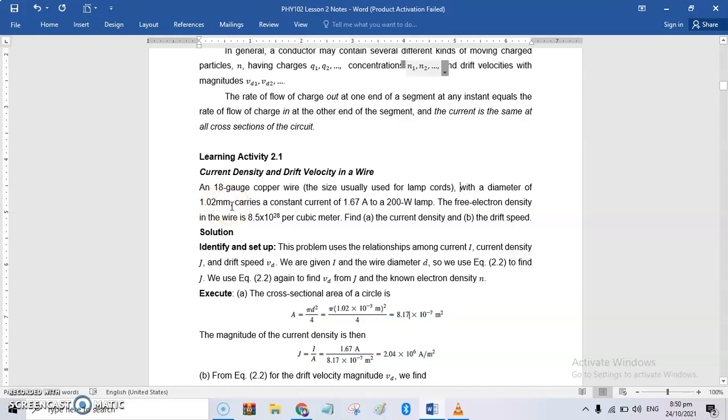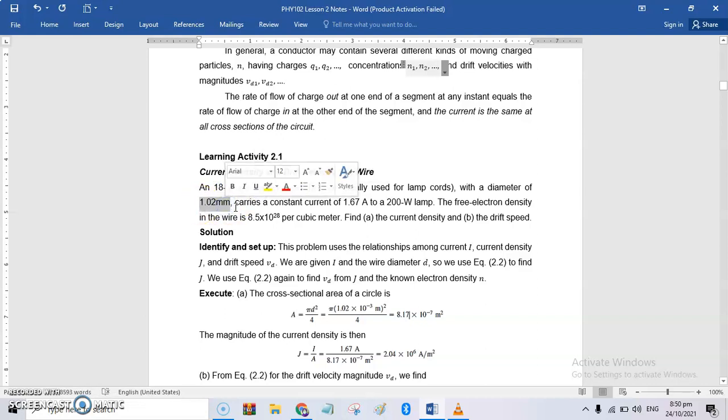So the diameter of our individual wire is 1.02 mm, because our copper wire is composed of tiny copper wires. When you look at the wires in your house, the term is 18 gauge instead of the diameter of the wires.